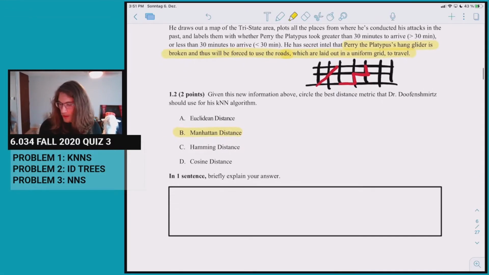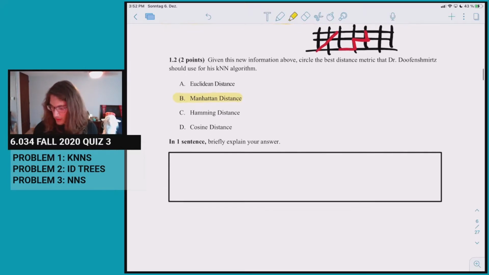That is also the explanation here: there's no moving through or above buildings, there's only using roads. So the distance from one point to the next on that grid would have to be determined by horizontal and vertical movement, not by a straight line or by cosine distance in this case.